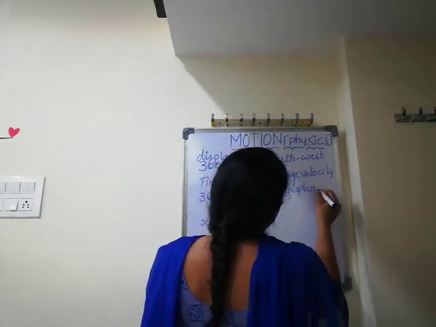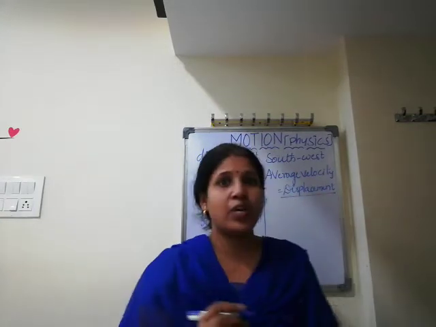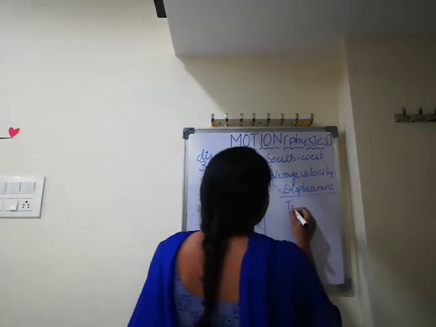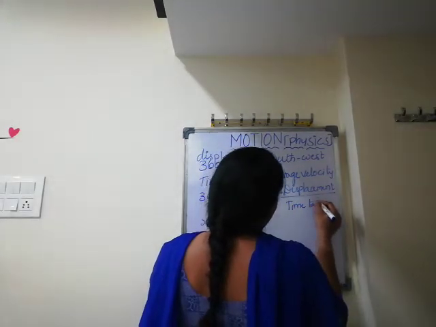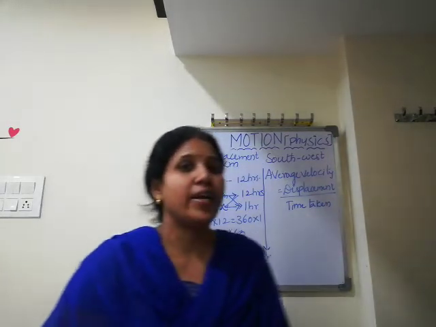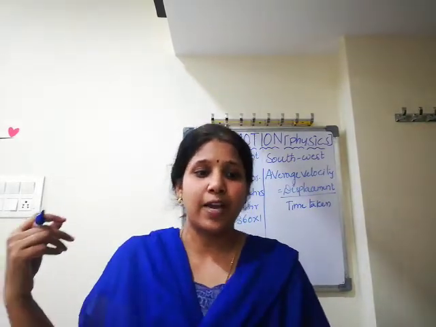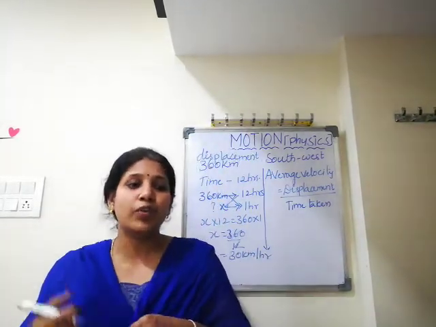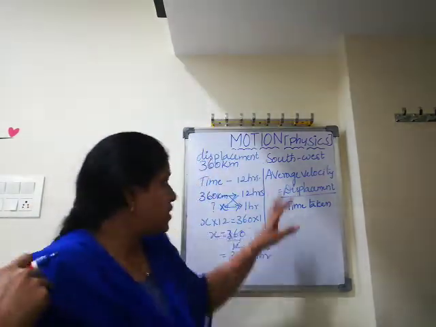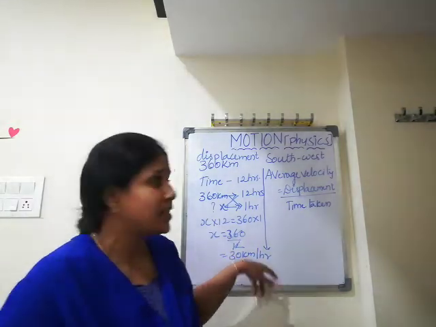When the displacement is mentioned, we have to take the formula of average velocity, and if the distance is given, we have to take the formula of average speed. And this average velocity is defined as the displacement of an object in unit time. Clear, children? This is the formula to calculate average velocity, and here 30 kilometers per hour is the average velocity of that train.